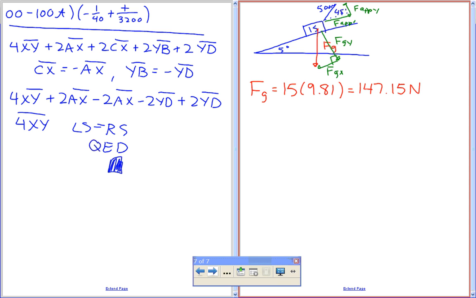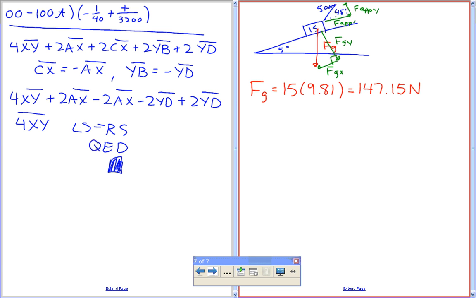The problem that got people on this question, and this is why this is a mean question, was that people just said, well, the normal force equals gravity, so I don't need to worry about Y, right? That's what people assumed. The problem was in this question, gravity is only 147, the pull-up is 500, so he's actually pulling, he would lift, he's walking up the hill, but he's lifting his textbook off the wagon, okay?